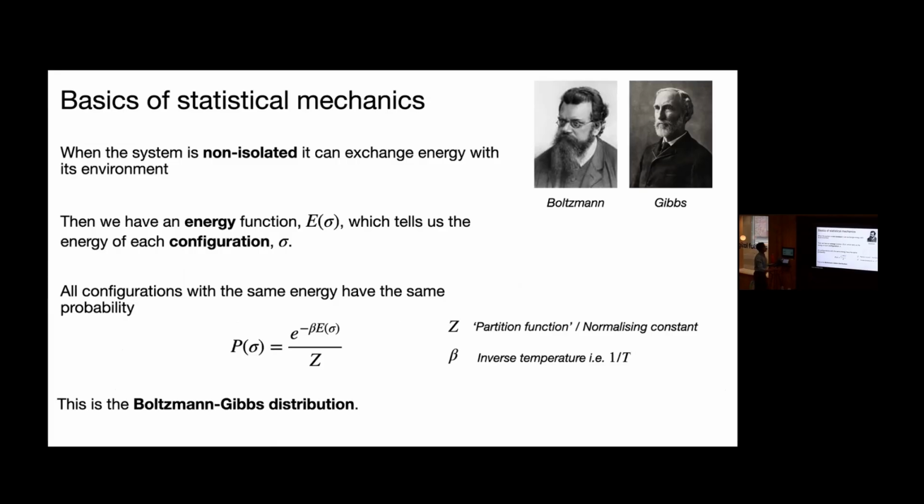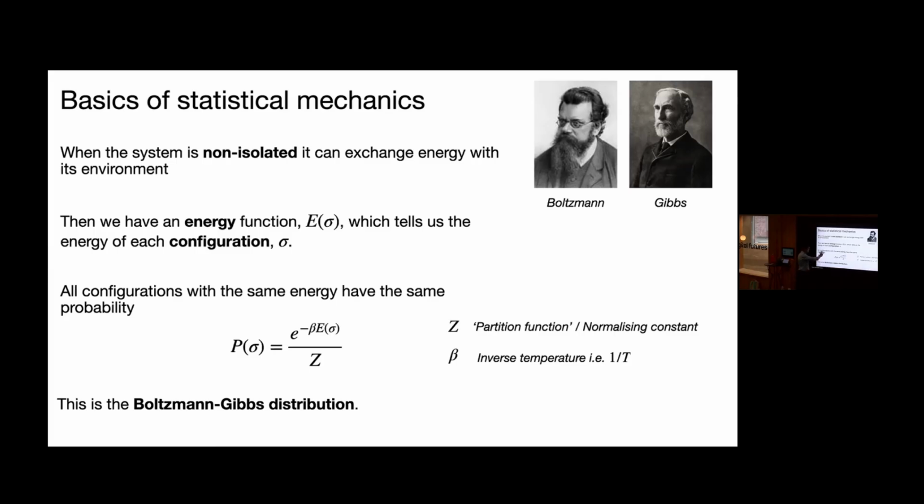Okay. Gibbs generalized further and said, okay, we're not just interested in isolated systems. What if they can exchange energy? Now your energy can fluctuate. And what you have is some energy function defined on your microscopic configuration, which can really be anything. It means the positions or the values of everything in your system.